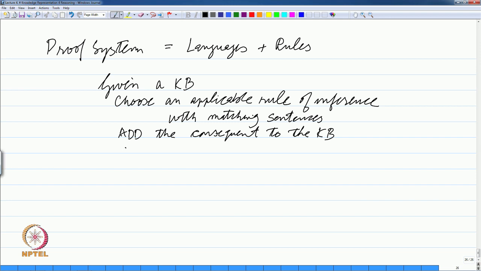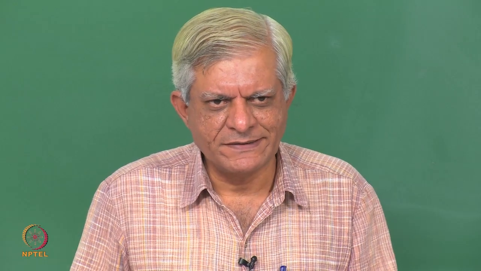So, this thing, if I put it into a loop, take a rule of inference, apply it, add something to the knowledge base, take another rule of inference, apply it, add something. So, I have a means of growing the knowledge base essentially.